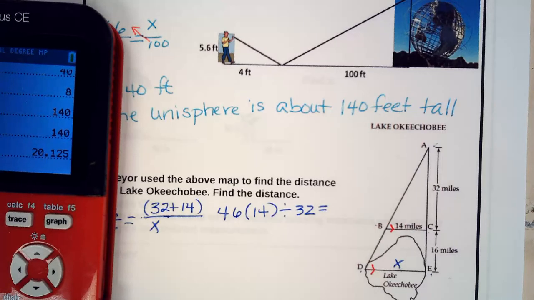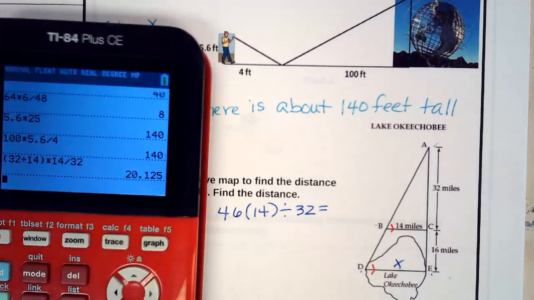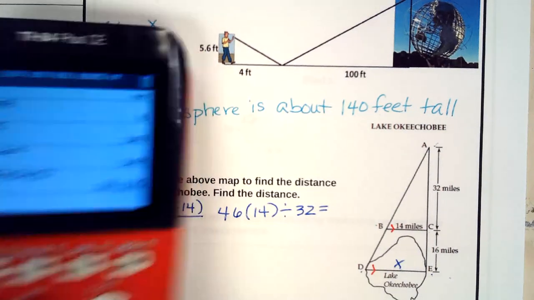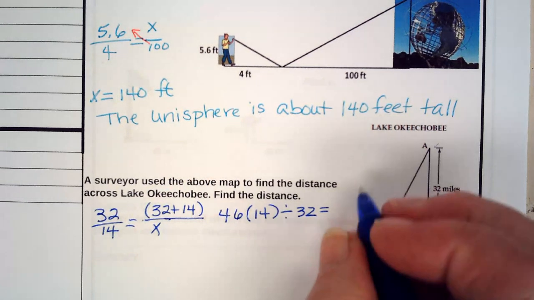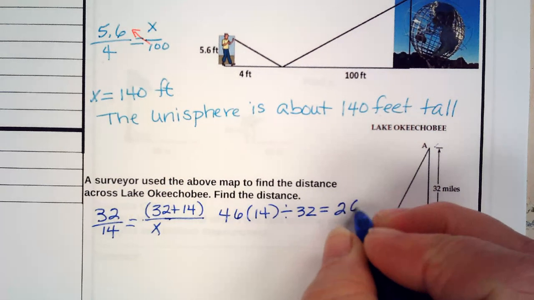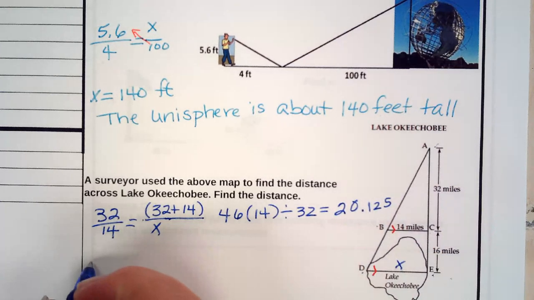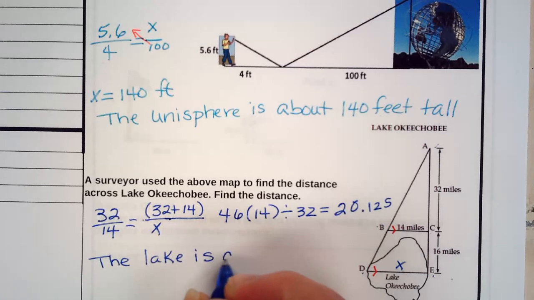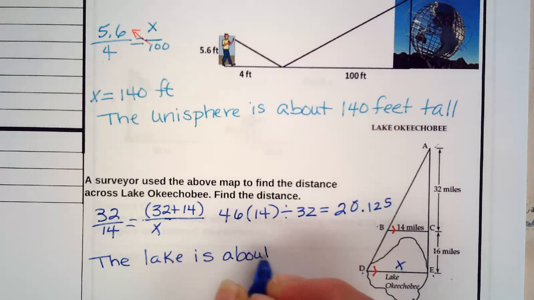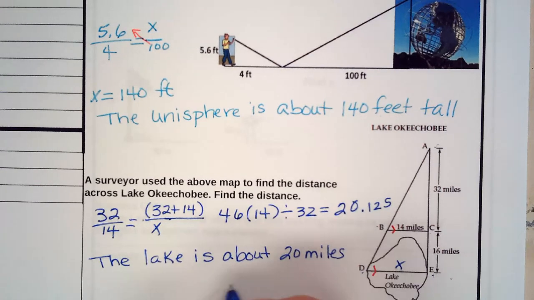And you get 20.125, that would be 20 1/8. And we're going to round it. So the lake is about 20 miles across.